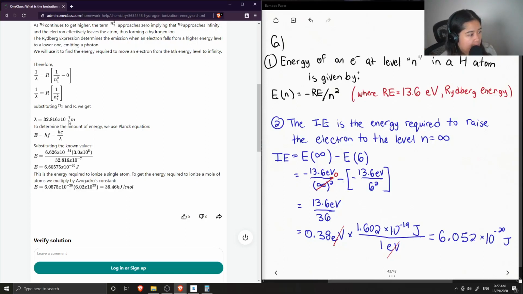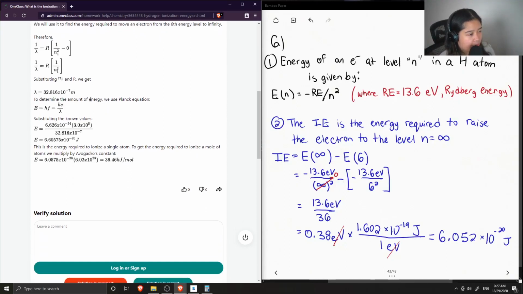But this is in inverse meters. So then to convert to, oh no, this is just in meters. So they already solved for lambda. And then to determine the amount of energy, we use the Planck equation. So the Planck equation is E is equal to hc over lambda. So h is Planck's constant, which is 6.626 times 10 to the negative 34.